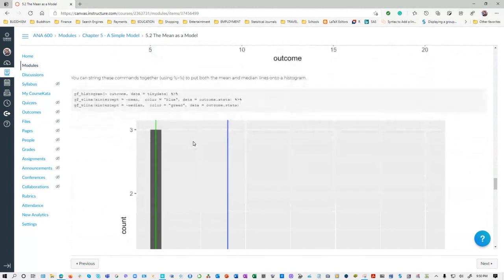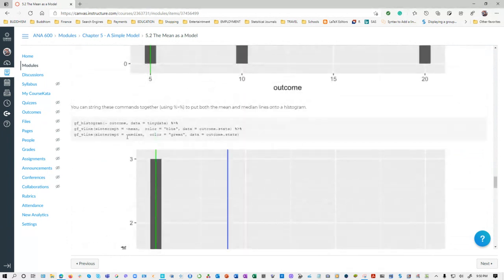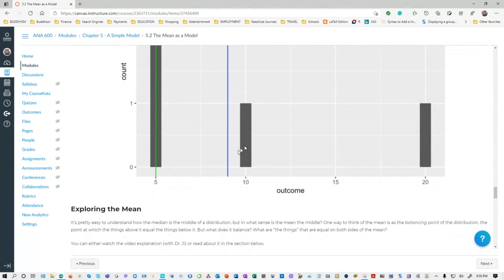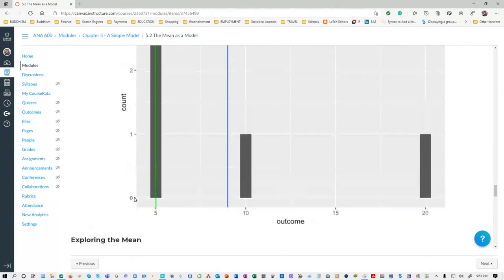Instead of mean, you can add both. Median, tilde median. You don't have to say tiny data $ median or tiny data $ mean. The x-intercepts should be drawn in different colors, green for the median, which is 5, and this is 9. You can remember that.